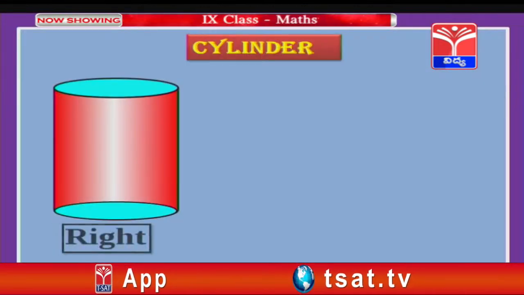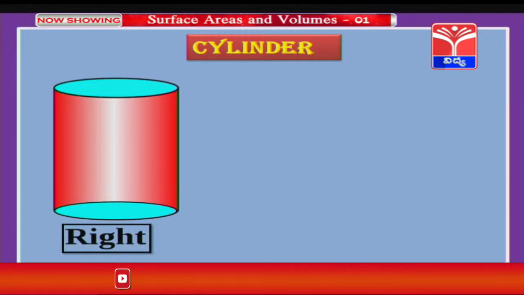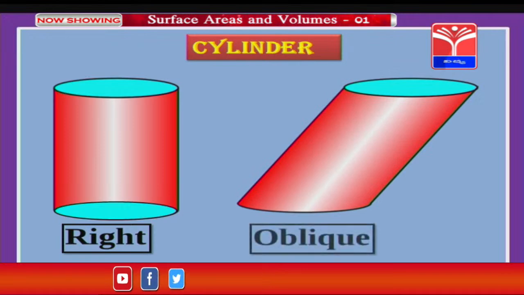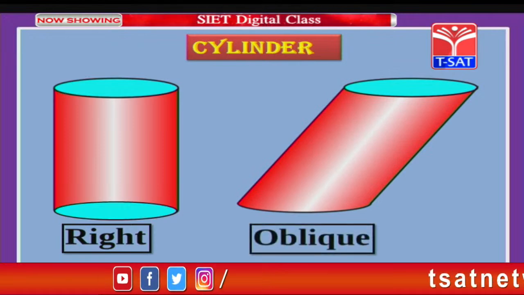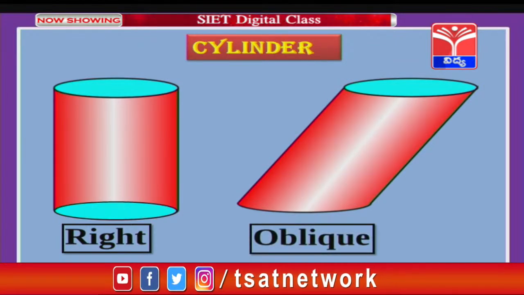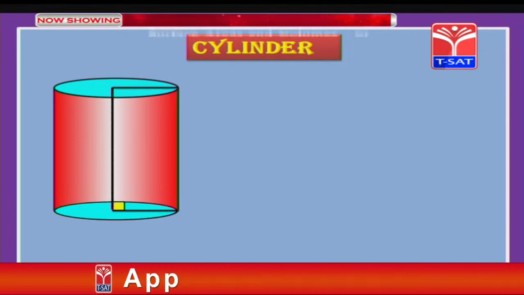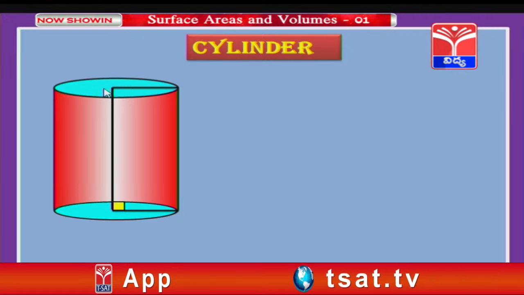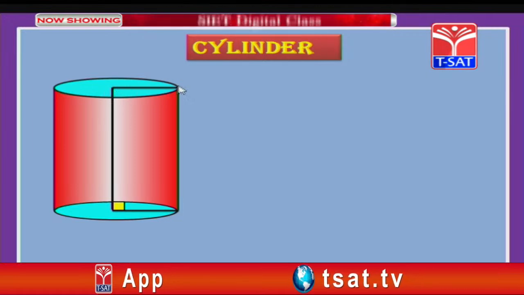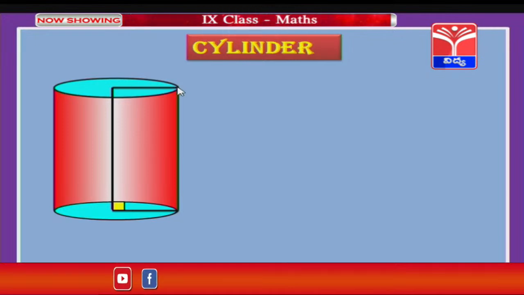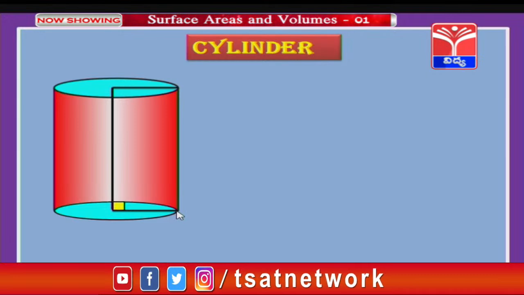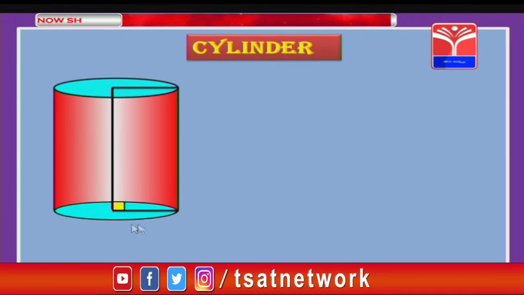Now, in cylinders, you have a right cylinder or right circular cylinder and an oblique cylinder. Let us see what these two types actually are. In a right cylinder, if you notice, this is the radius, right, from the center to any point on the circumference of this circular base or top, and here also the distance between the center and any point on the circumference of this circular base.